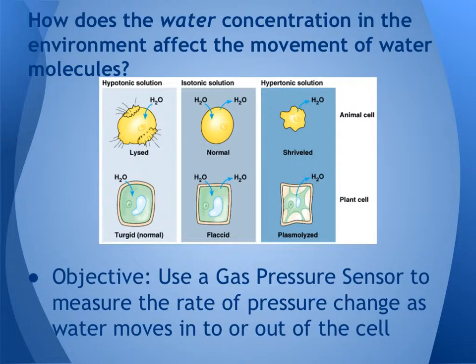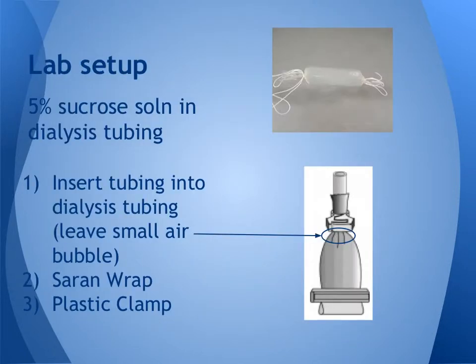So in this lab, using the gas pressure sensor, we want to measure the rate of the pressure change as the water moves into or out of our model cell. The actual setup for the lab is really key here. First of all, we made a cell model, and yours may not have looked exactly like this, but here's dialysis tubing, which is a semi-permeable membrane.